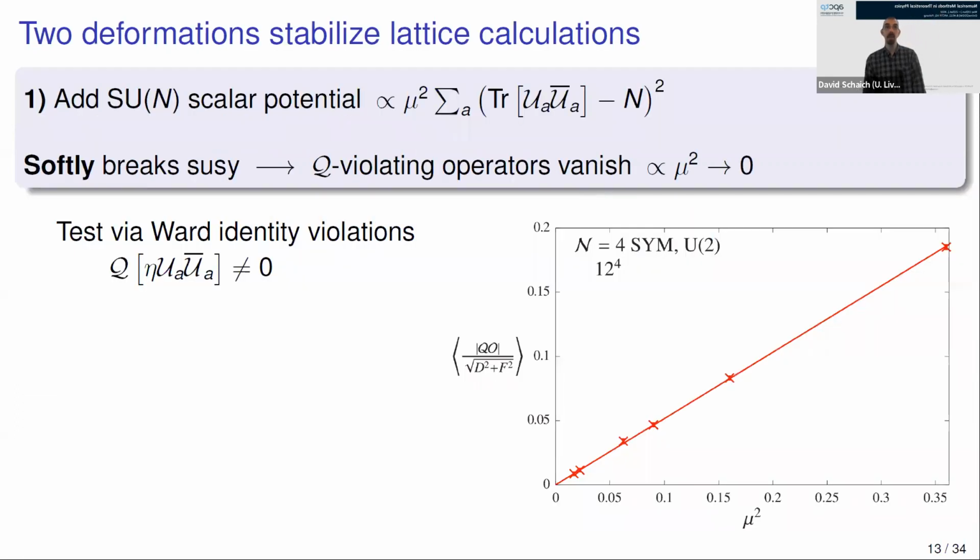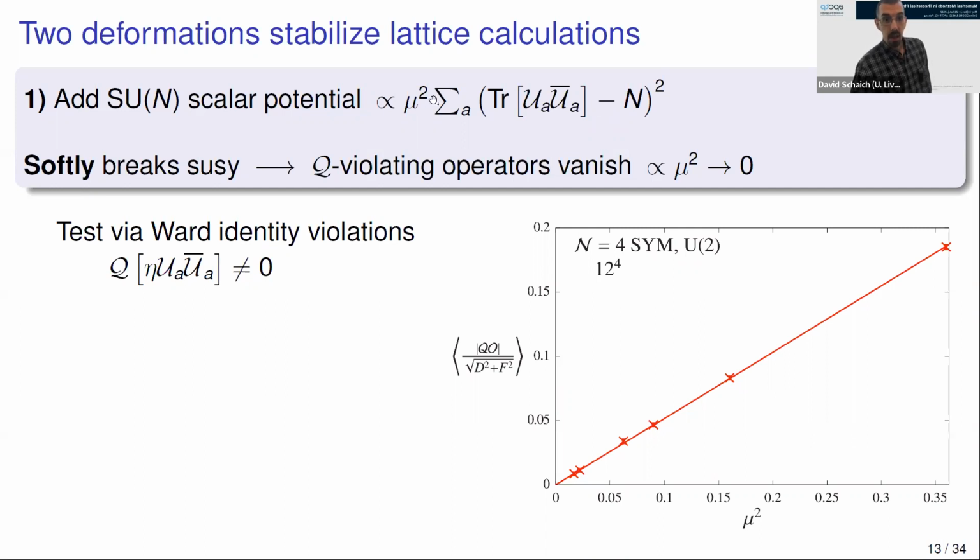One modification that is fairly trivial to think about and write down is lifting the zero modes in the SU(N) sector just by adding to the lattice action a scalar potential that is non-supersymmetric. You can see it only depends on the bosonic fields and no fermionic fields.